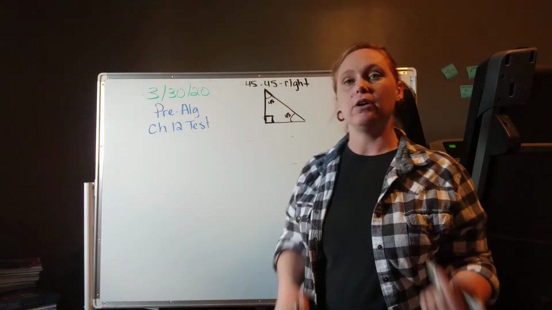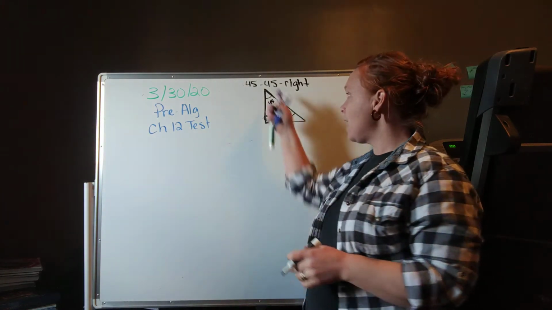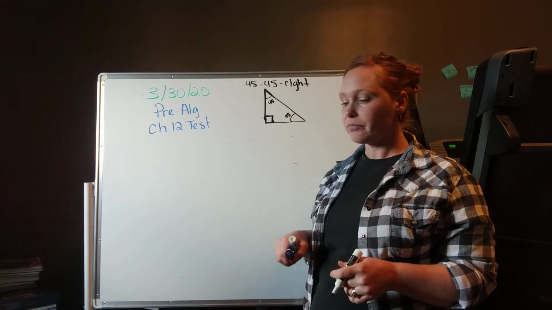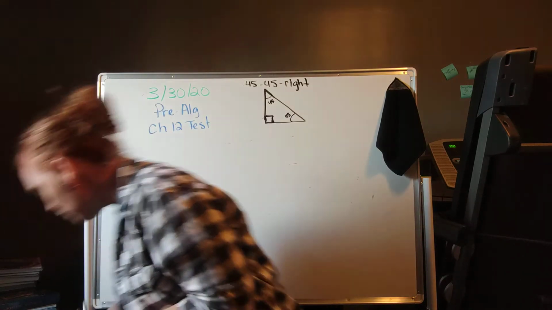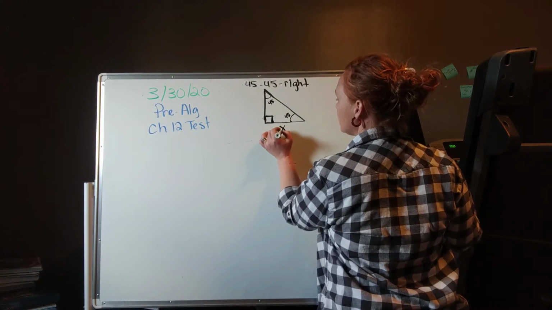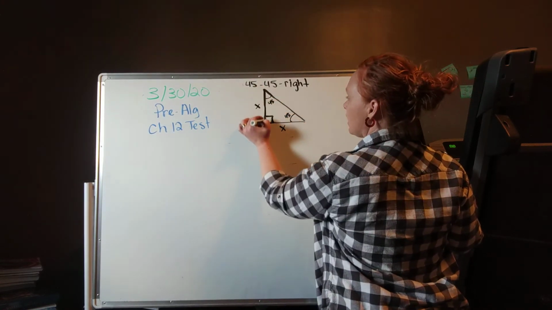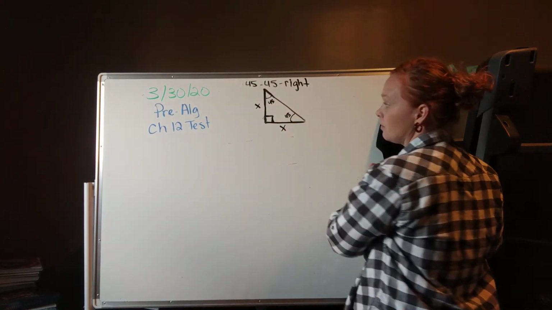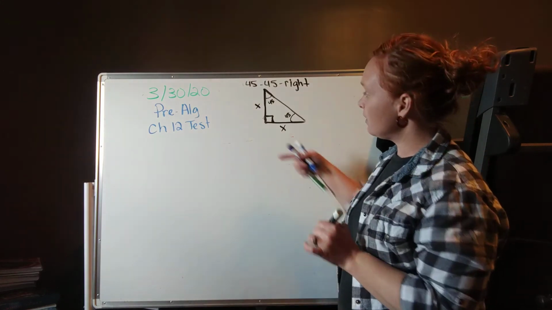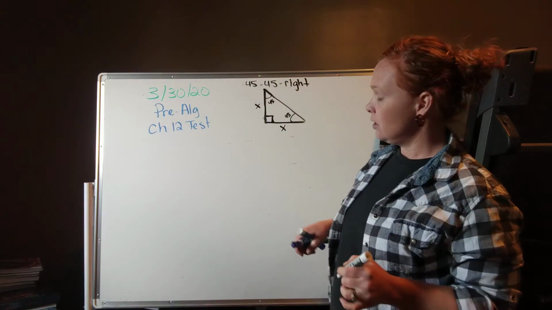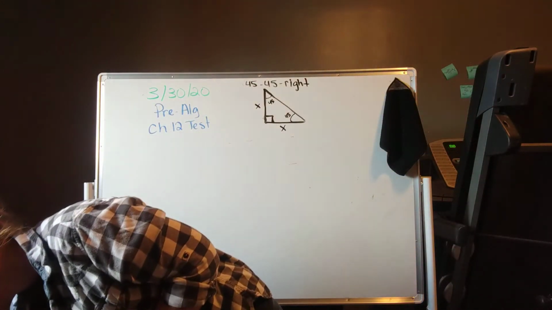Once we know that, there are certain rules that apply to the outside lengths of the triangle. If you'll remember, this one is x, and this one is x. These side lengths are exactly the same length. If you look at that, it's also an isosceles triangle.